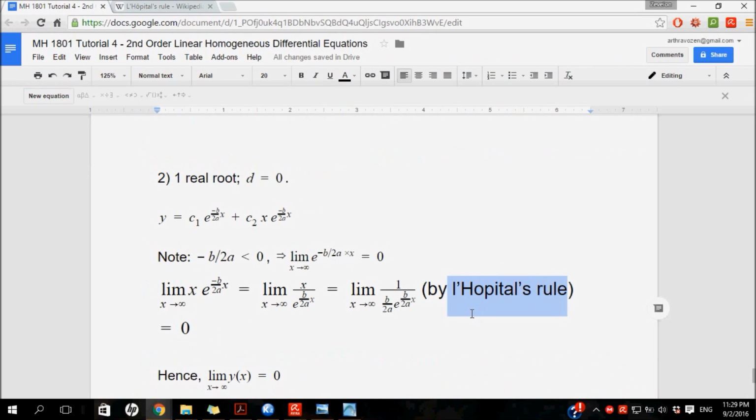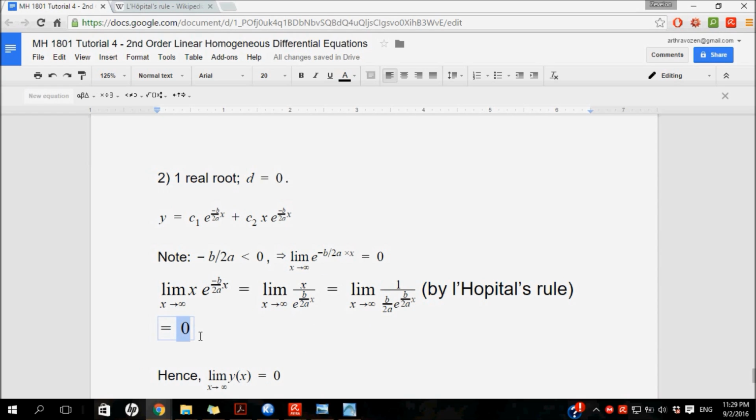So we apply this rule and we see that the derivative of the numerator is 1, and this is the derivative of the denominator. We differentiate both top and bottom. But now with this formula, you see immediately that the limit must clearly be 0.